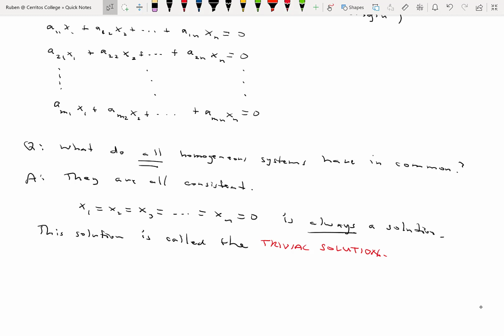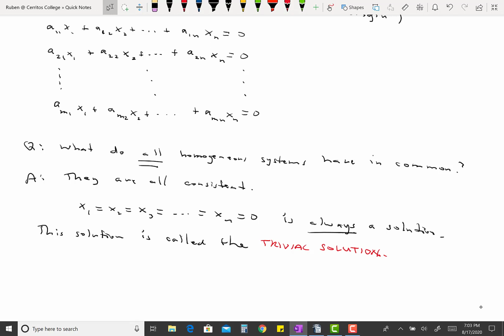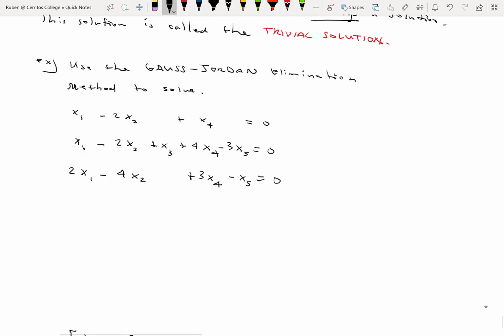Let's take a look at a specific system, and we'll use our calculator to help us along with this. I'm going to use the Gauss-Jordan elimination method to solve a homogeneous system. Remember, a homogeneous system is characterized by those constant terms, the zeros, as the constants for the system.